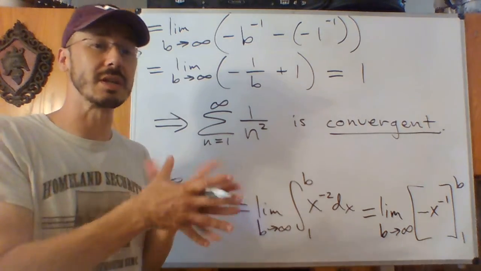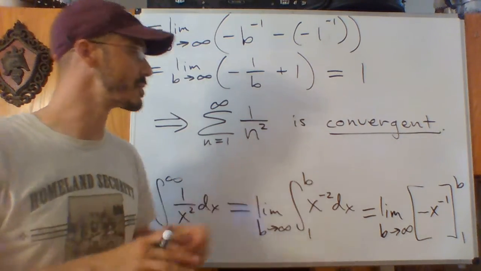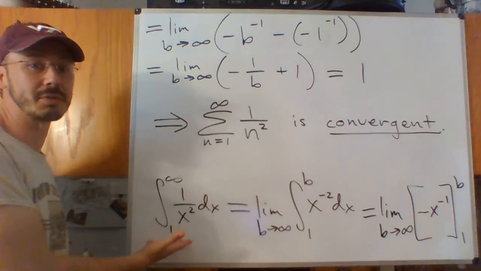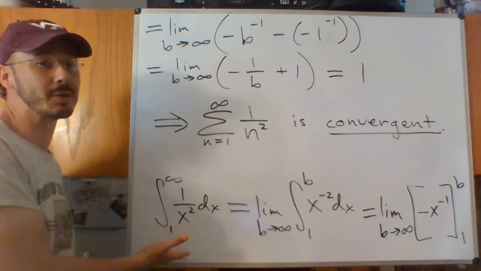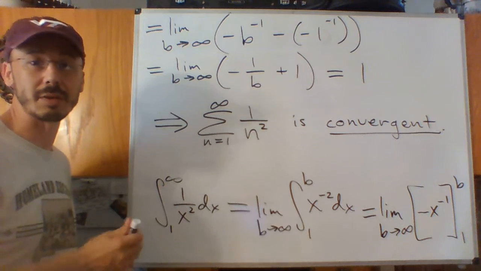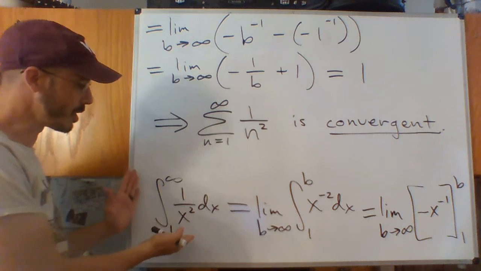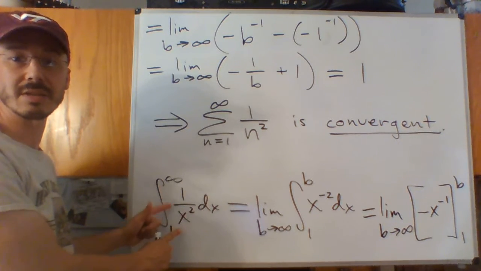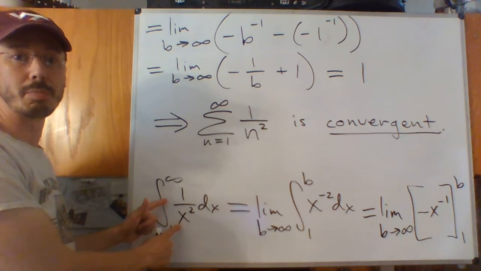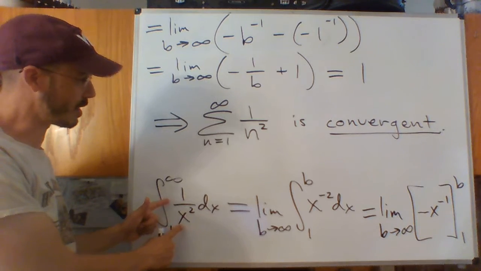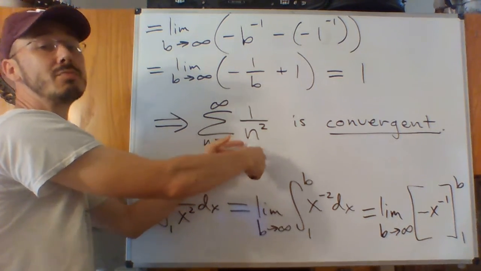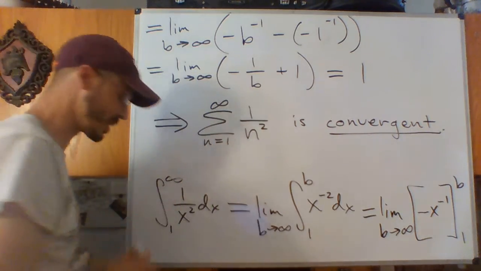We can't always use the integral test, but when we can, it gives us one of those answers. We do have to be able to evaluate the integral. If we can't evaluate the integral, we really aren't going to be able to do the test. So I like to stick to simpler integrands, simpler functions. But if your series has complicated terms, you might have to do more than the integral test.